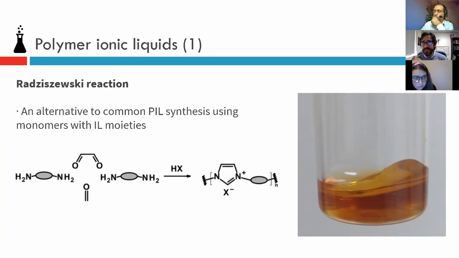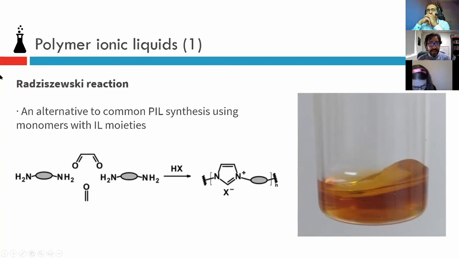The synthesis can be developed at room temperature in 24 hours, or if you want to increase the kinetics, you can heat the solution at 60 or 80 degrees, and you can obtain the polymeric ionic liquid in just 1 hour. So the process is very simple.